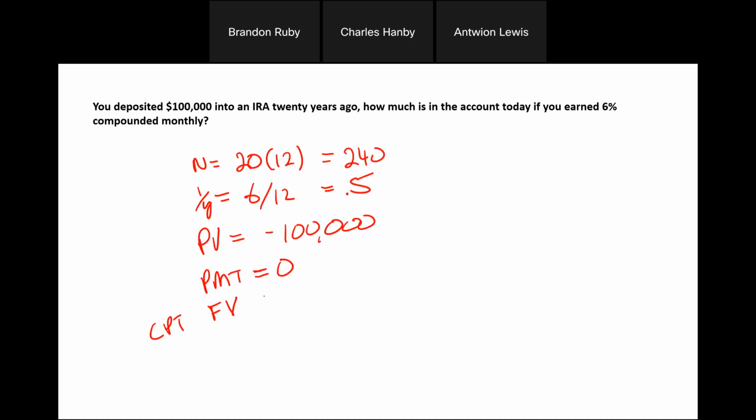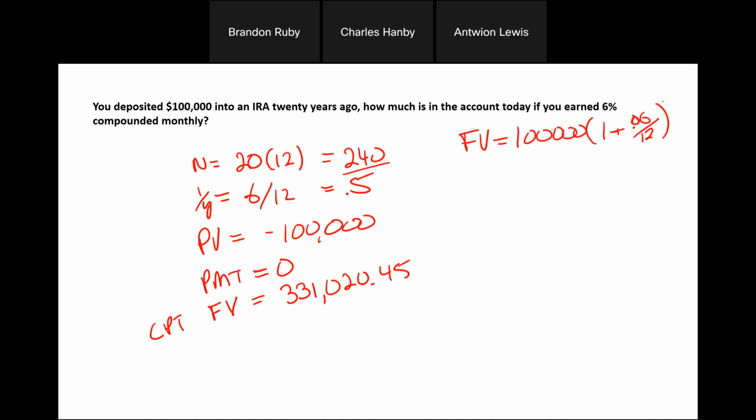So on this calculator, compute future value. That's $331,020.45. If we're going to do a formula, it would be 100,000 times 1 plus the rate, 0.06 divided by 12, to the 240th power.